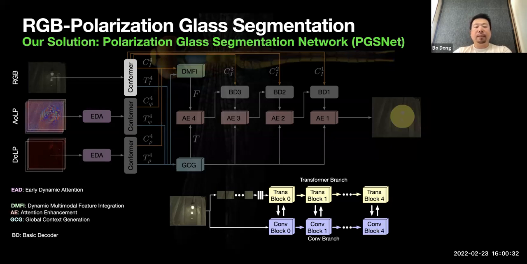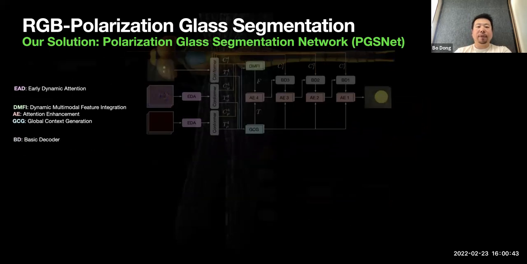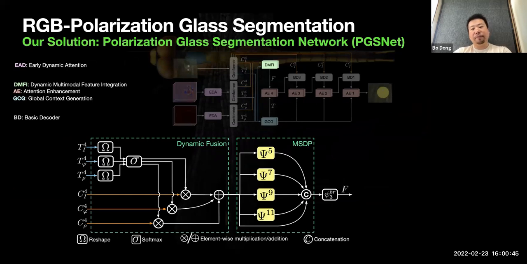Right. So once the image goes through this Conformer, we can extract the global feature and also the local feature. Once we have the local and global features, the first step we want to do is merge them, definitely, because they're from multiple domains, right? It's similar to the depth and RGB domains, but now we have three different domains: one is the RGB domain, another is AOLP, another is DOLP. So we want to merge them together, and to merge them we leverage the same technology, cross-domain attention.